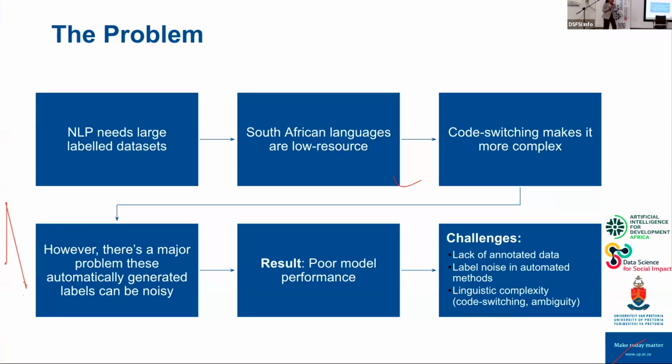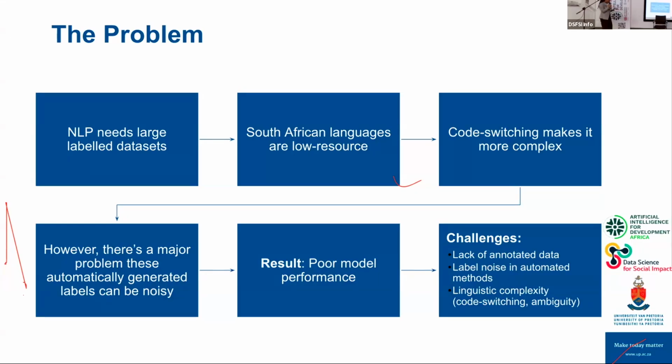My work focuses on improving how models understand languages that are underrepresented, particularly in South Africa. So the problem: NLP needs large labeled data, and there is a lot of unlabeled data available on social media and everywhere, even on platforms for work.